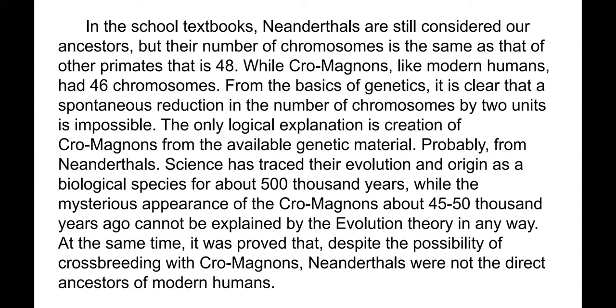It was proven by scientists in Germany that the number of chromosomes in Neanderthals is the same as in other primates. It is 48. And Cro-Magnons, these were our ancestors, have, like modern humans, 46 chromosomes.